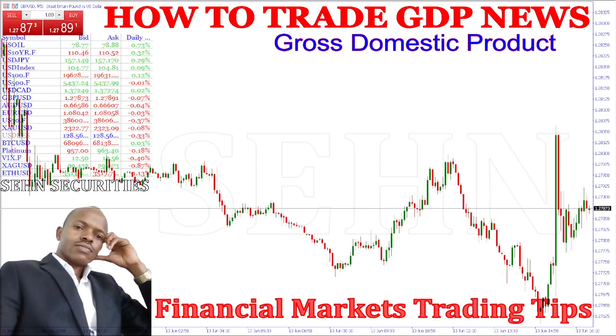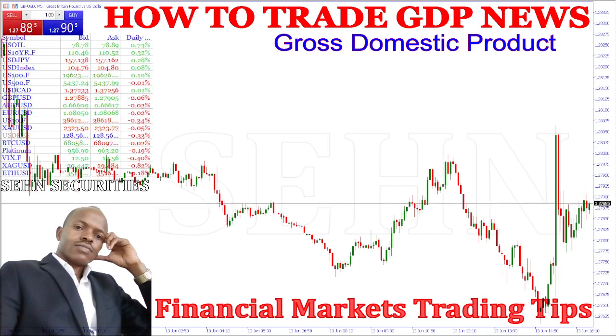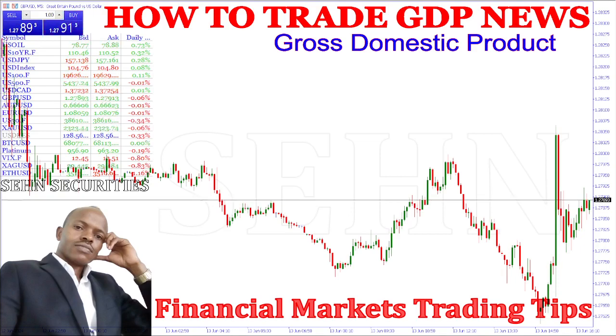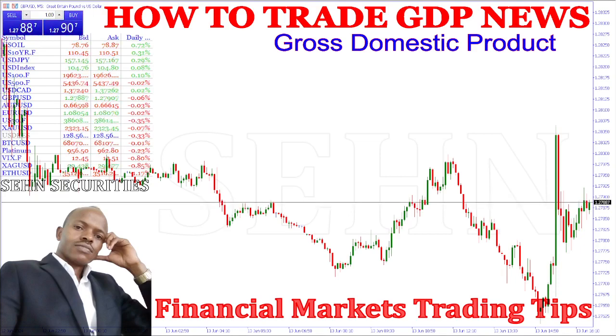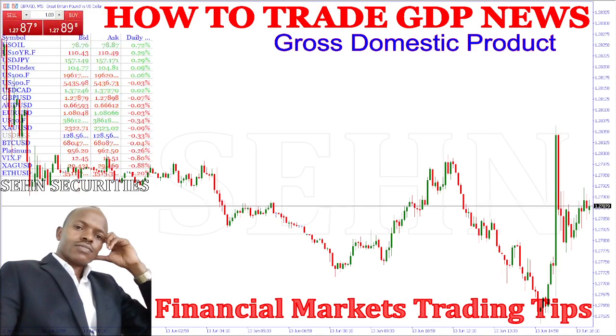Typically, by analyzing GDP data releases, assessing their market impact on interest rates and investor sentiment, and most significantly implementing sound trading strategies, Forex traders can capitalize on market opportunities and navigate the fluctuations with confidence and be able to trade profitably.